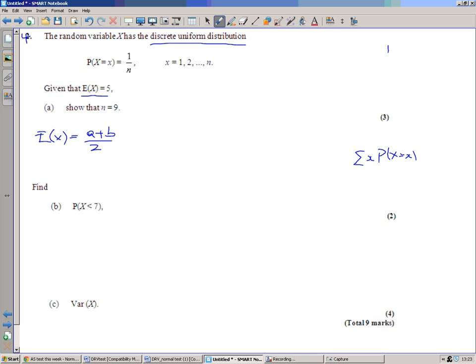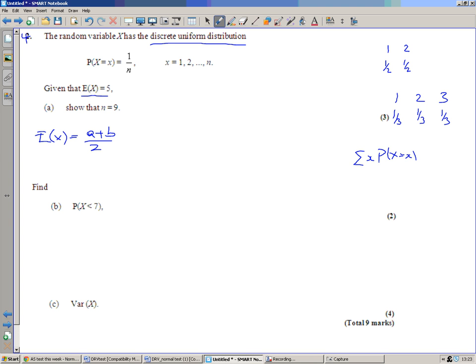If we go up in the numbers, that's a discrete uniform distribution. The mean of 1 and 2 is just their average. If we had 1, 2, and 3, the mean would be 1 plus 3 divided by 2, which is 2. So that's quite an easy formula to remember for the expectation.